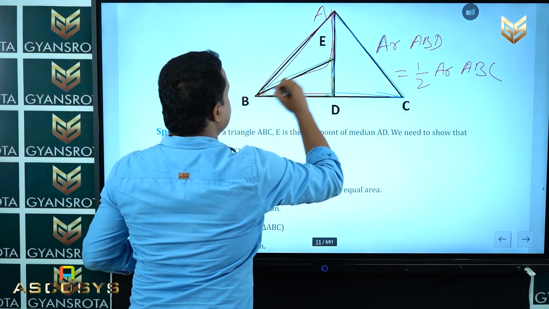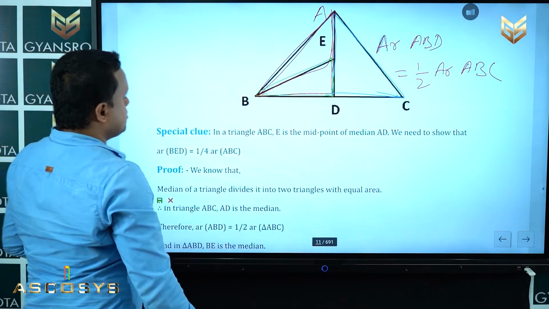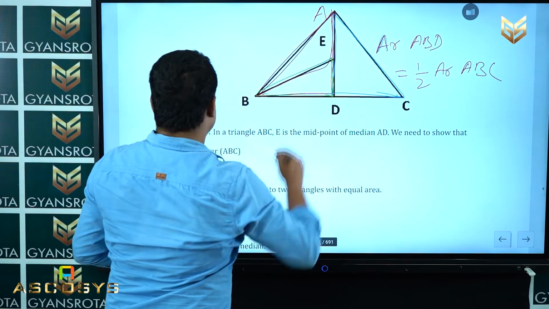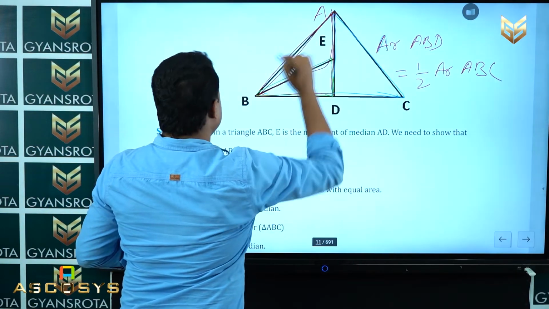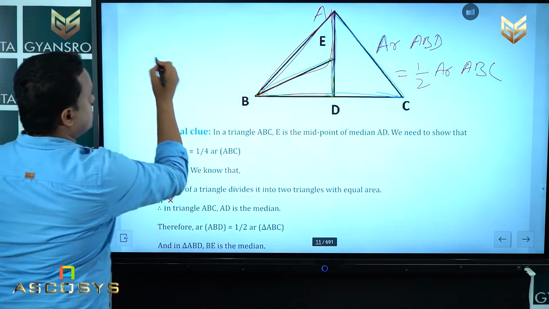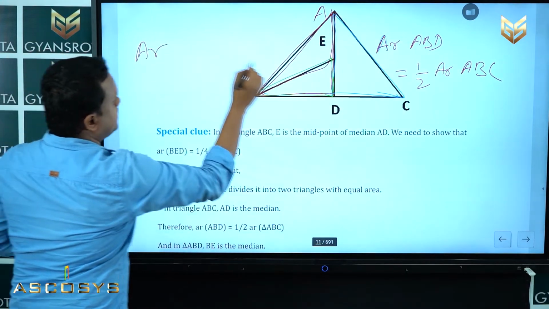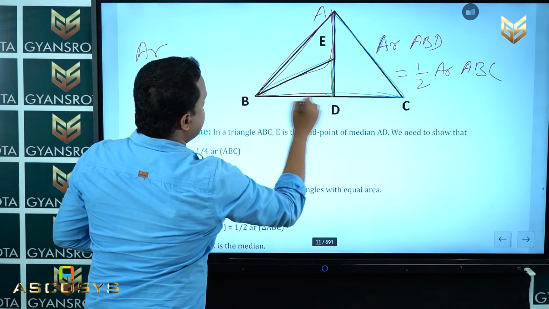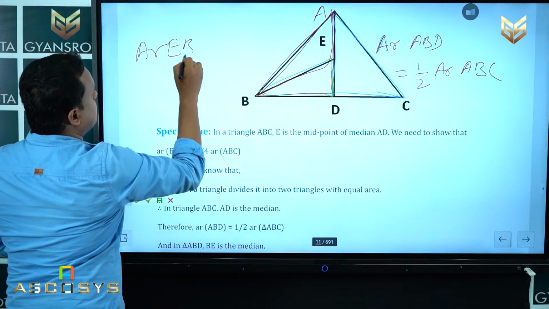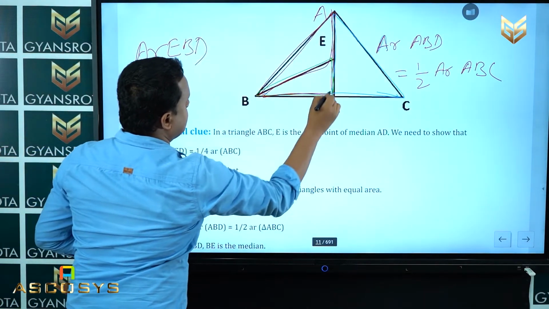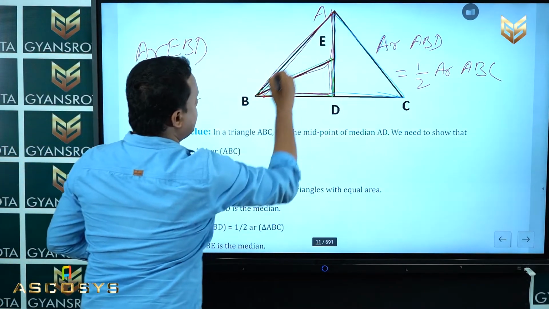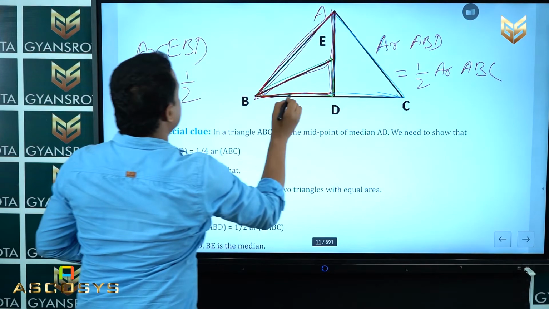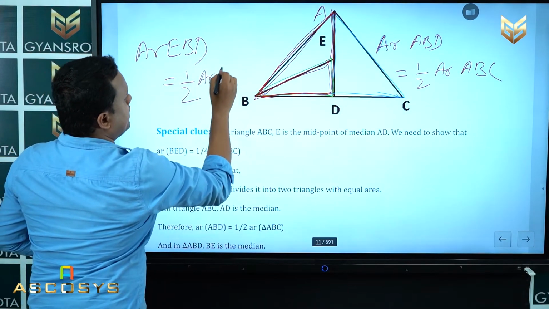So in place of ABE, we can write the area of this interior triangle EBD equals half of the area of this whole triangle ABD.